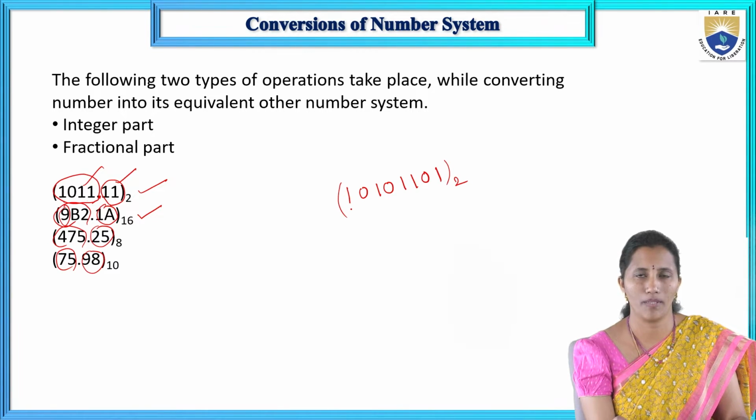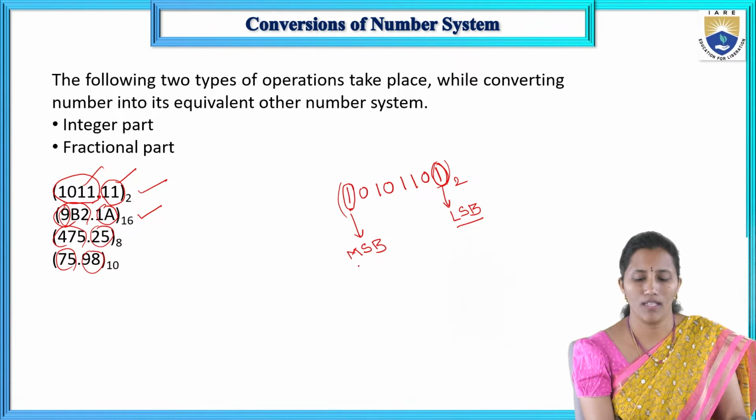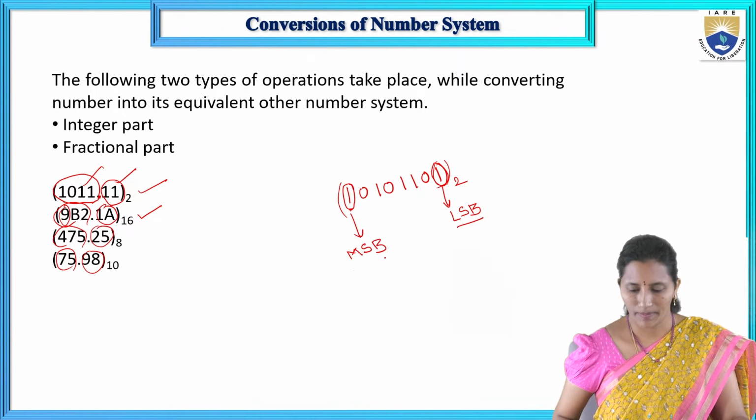In this number, the rightmost bit is called the LSB, the least significant bit, and the leftmost bit is called the MSB, the most significant bit.